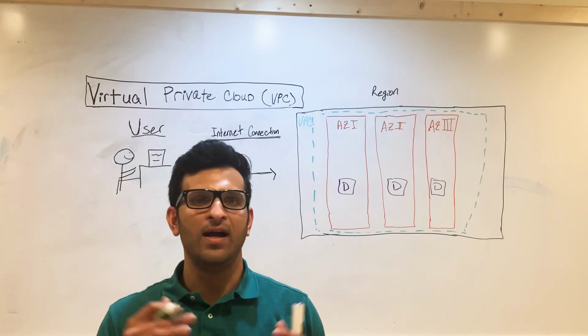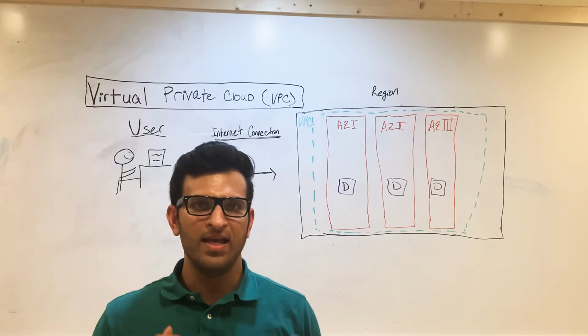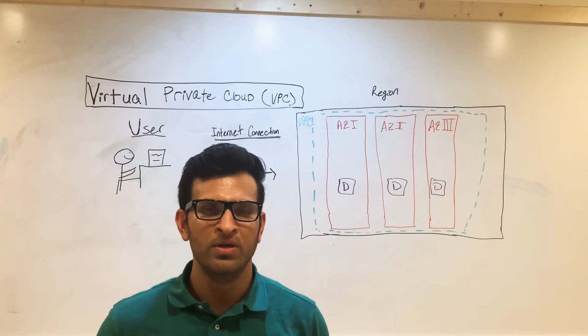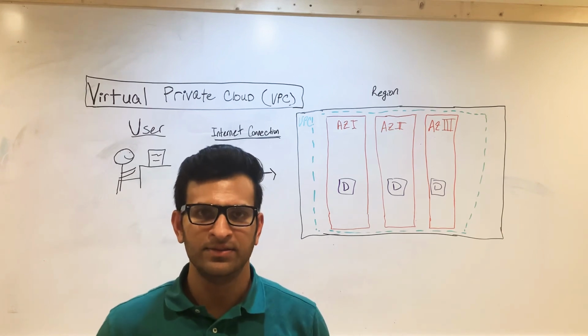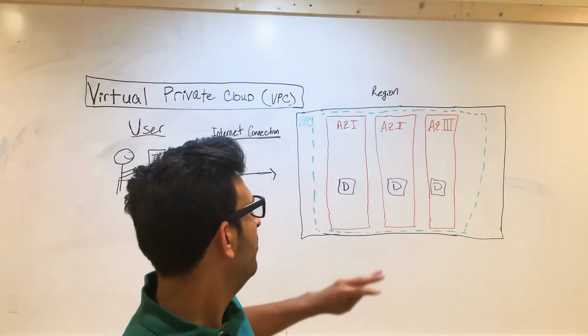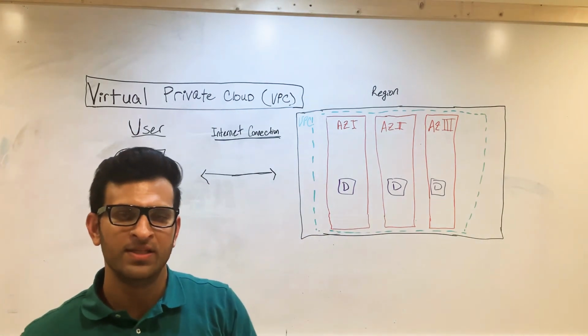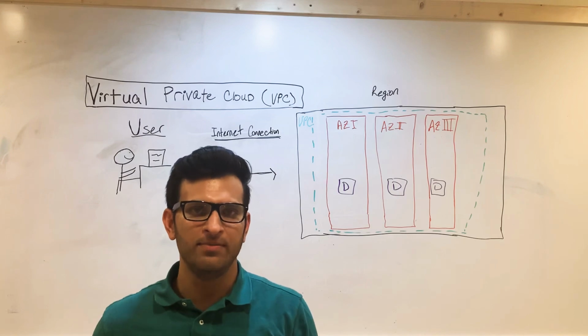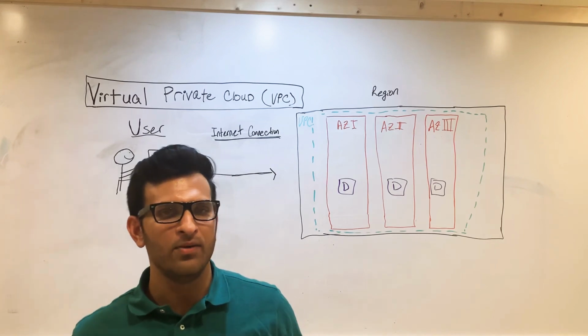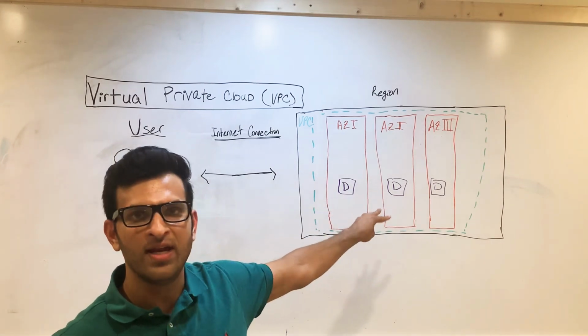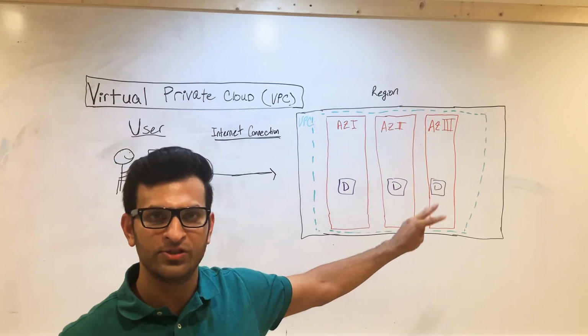That is an entirely different video dedicated to networking. So we will get to that later. So right now, hopefully you understand this concept. VPC, virtual private cloud, just a piece of the entire AWS infrastructure in which your AWS resources are stored and held.